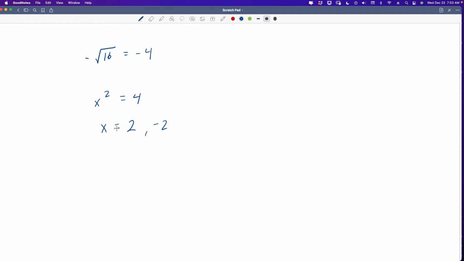So the way we write that, instead of having to write 2, -2, we would write x is equal to the positive or -2. Okay? So the square root of 16 without asking for a positive or a negative, if it's not asking for a negative, then it's asking for both.